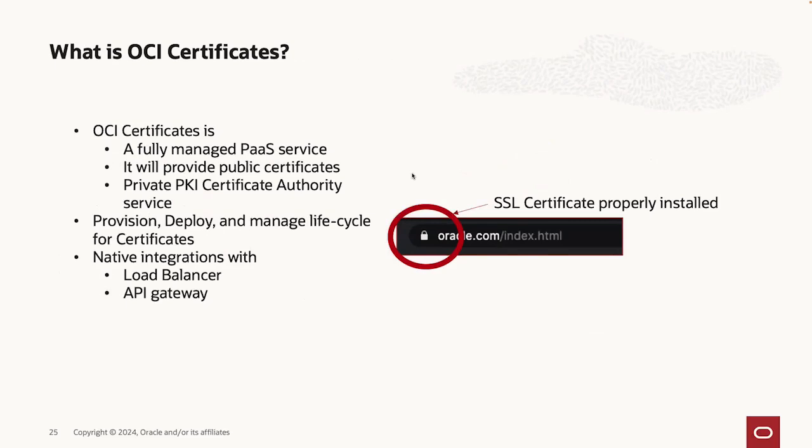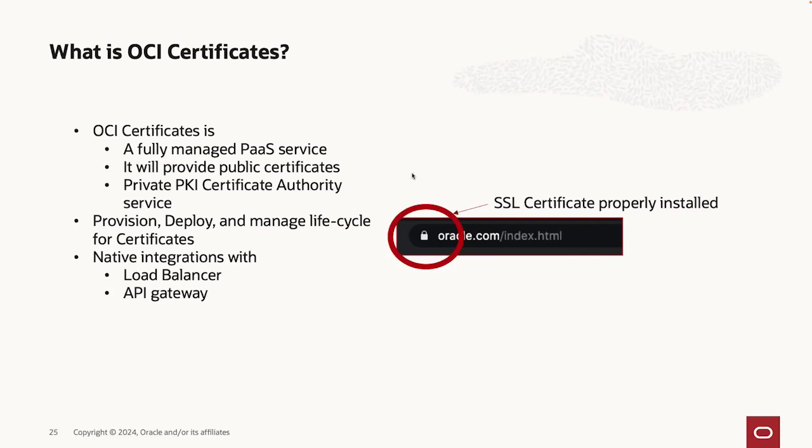When you create instances of load balancer and API gateway, you will just choose to say, I want to manage my certificates using certificate management service, and boom, they don't have to worry about generating PKI, generating CSR. They don't have to worry about all of that whole process that we saw on the last screen. It's a fully managed service on OCI.